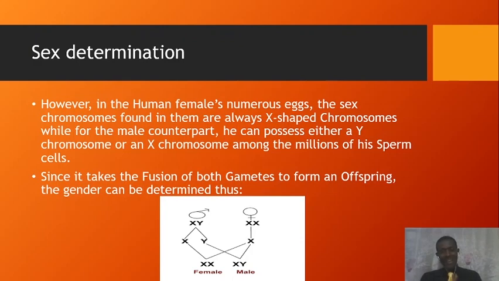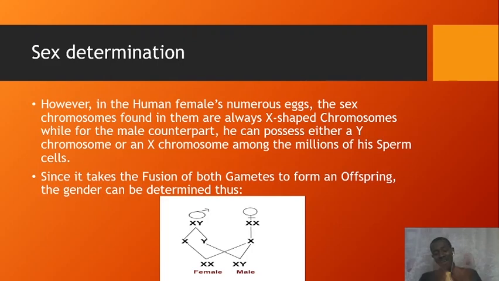She can never, ever, it has never been recorded, scientifically and otherwise, where a woman's egg has a Y chromosome. It's only the X chromosome that will be produced. Now, for the male counterpart, he can possess either a Y chromosome or an X chromosome among the millions of his sperm cells.